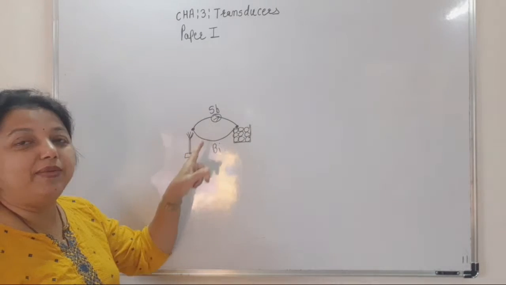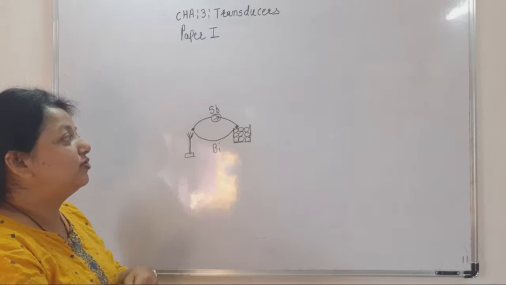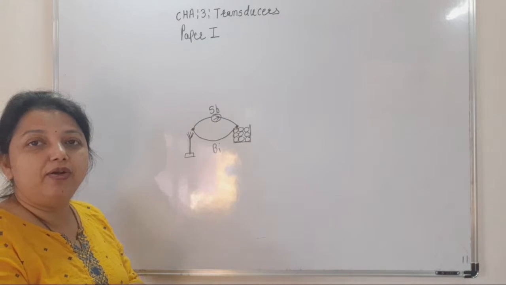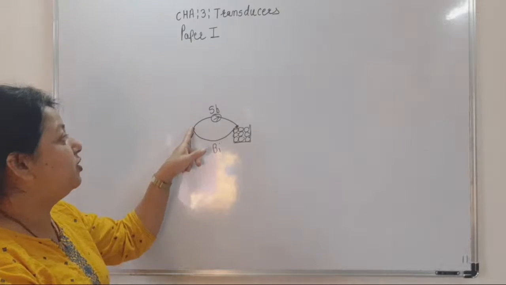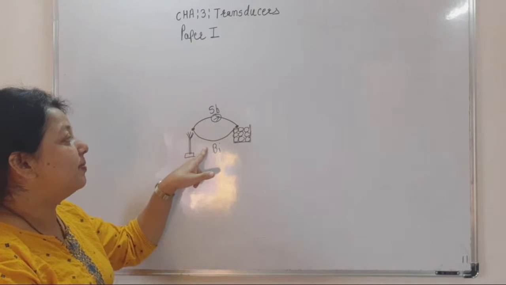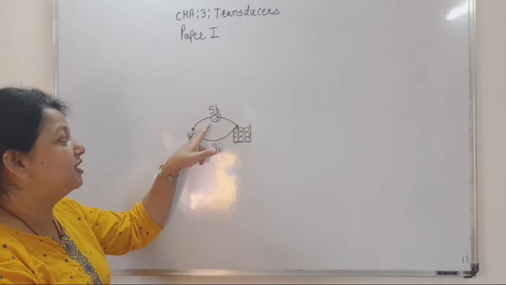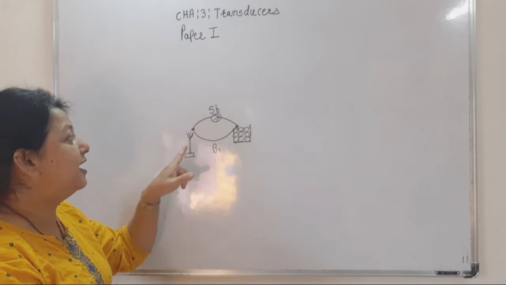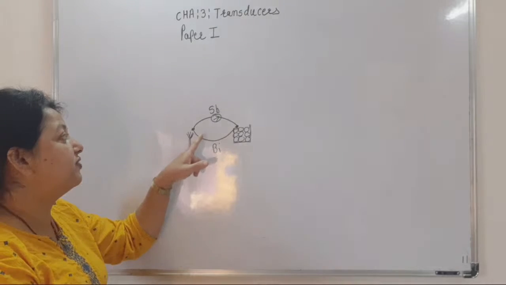Whenever two dissimilar metals are joined together to form a pair of metals, or to form two junctions, then that is known as a thermocouple. Two dissimilar metals. Which metals we considered here? Antimony and bismuth. Here two junctions are formed.